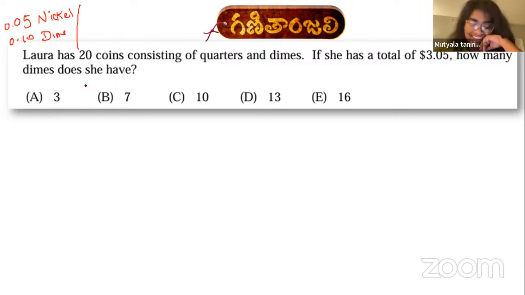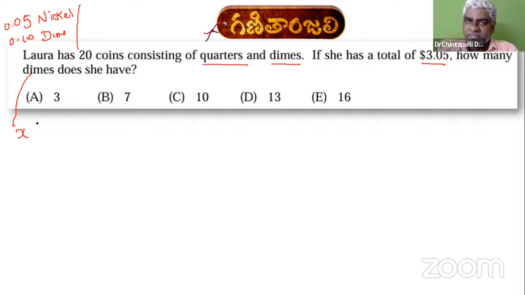Lara has 20 coins consisting of quarters and dimes. If she has a total of $3.05, how many dimes does she have? Let the number of dimes be X and the number of quarters be Y. What is the total number of coins?